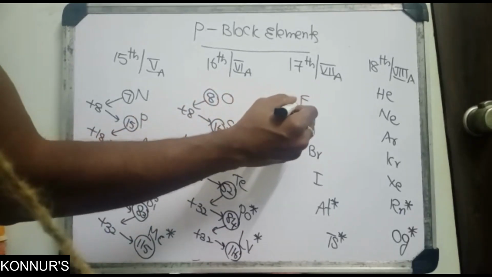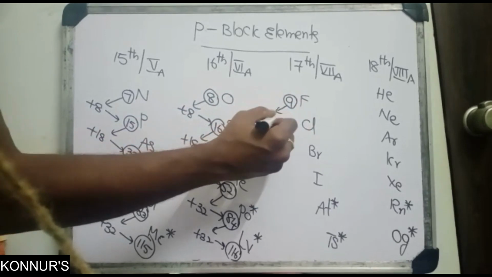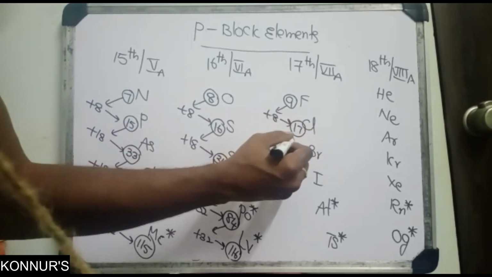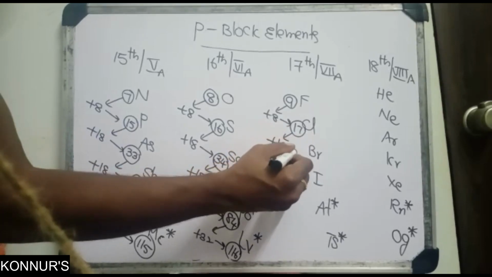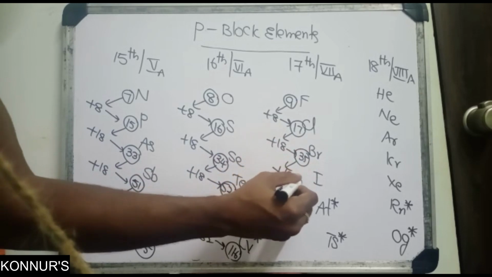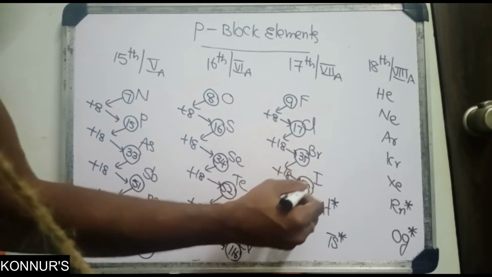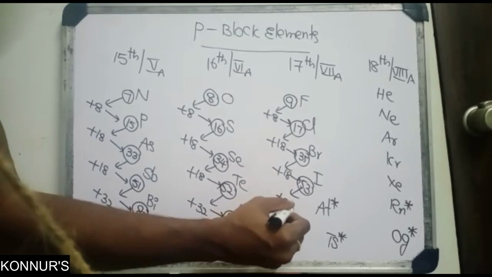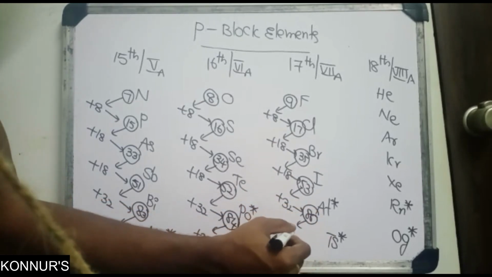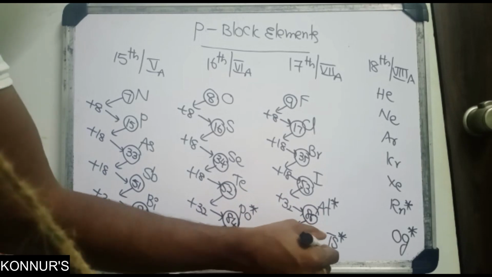Next fluorine 9, you add 8, 17. You add 18, 35. Add 18, 53. Add 32, 85. Add 32, 117.